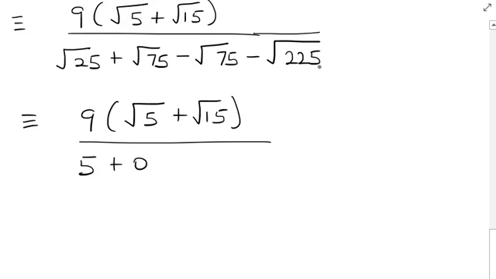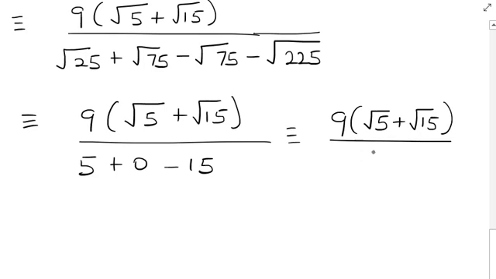And square root of 225 is 15, so minus 15. So our final answer will be 9 into brackets root 5 plus root 15 all over minus 10. So that is the final answer.